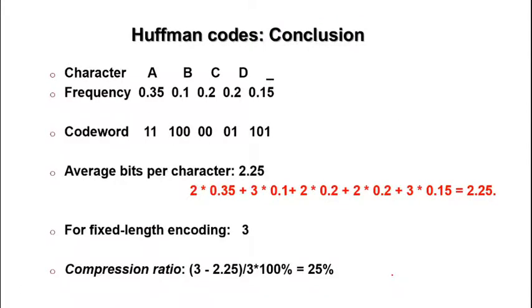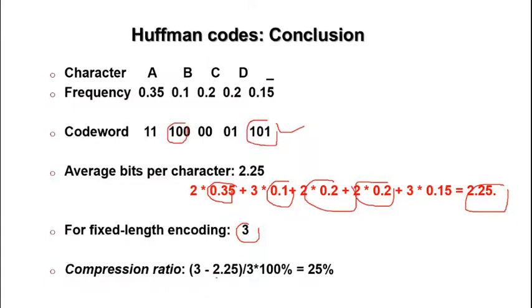Okay, the Huffman code is a function from the frequencies just now that converts them into these codes, and the average bits per character is 2.25, computed from each code length times its frequency. For fixed-length encoding it is 3, the maximum, because of the 3-bit codes 100 and 101.